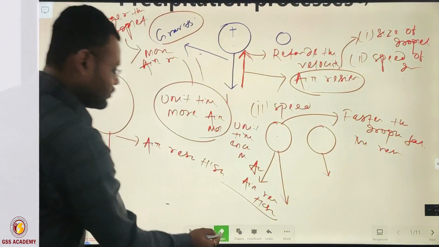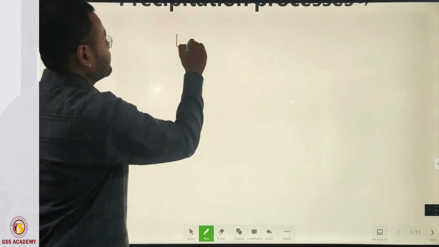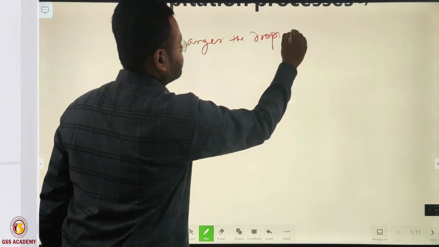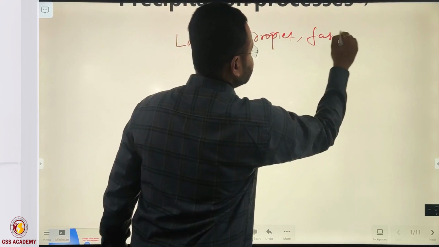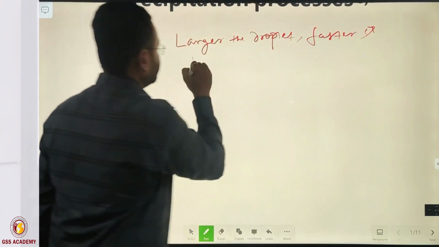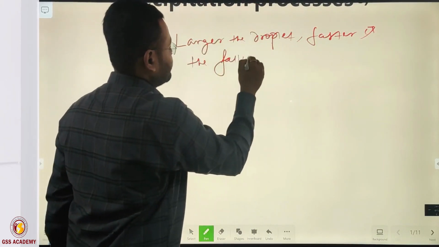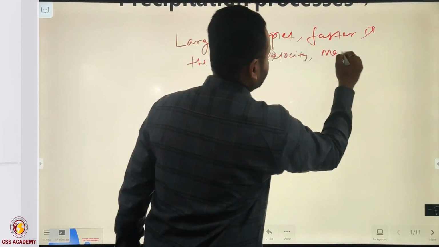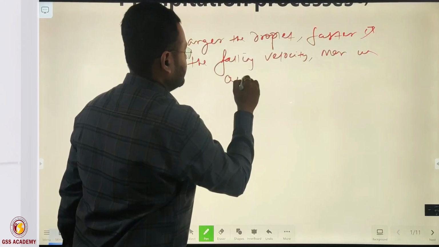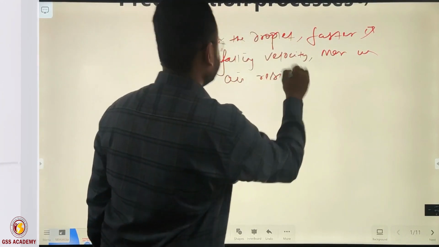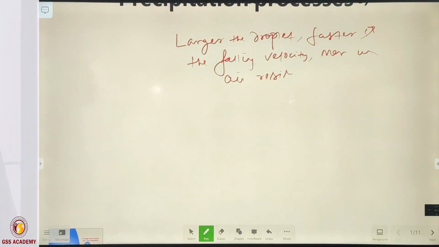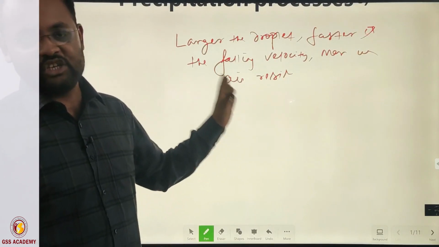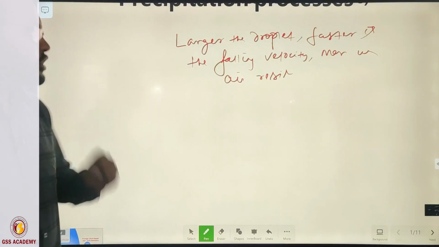And combinedly, we can write: the larger the droplet, the faster the falling velocity, the more will be the air resistance upon a cloud droplet.